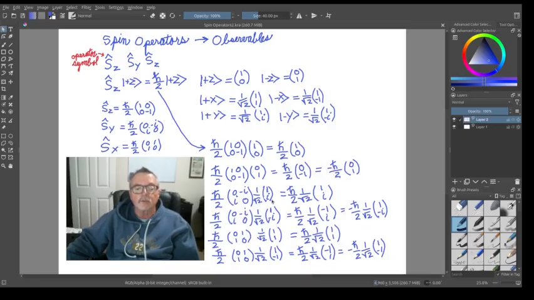Now we get down into the Y, and things get a little messier because we have this 1 over square root of 2 in the way, but that's just a constant, so that can be pulled out in front, like you see here. So let's work through this. To calculate this element, you take this row times this column. You get a 0 plus i squared times minus 1, which is a plus 1.